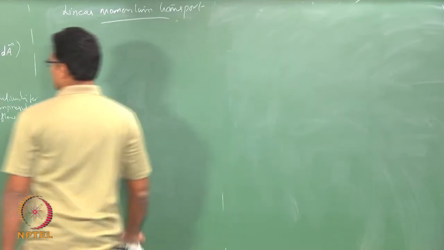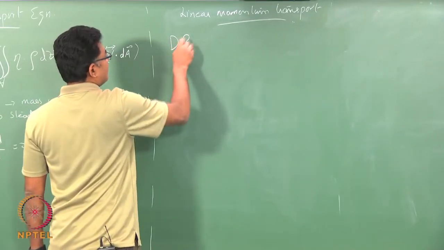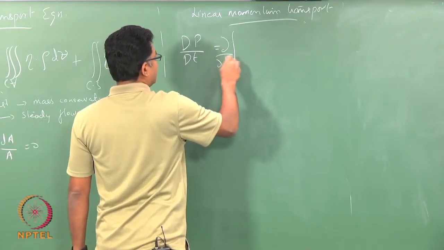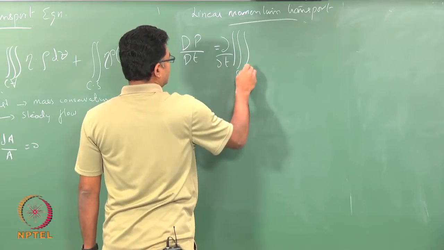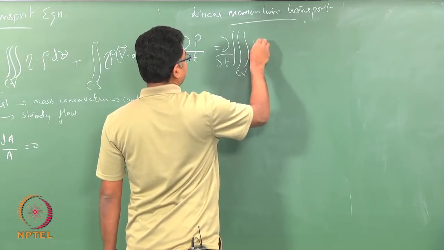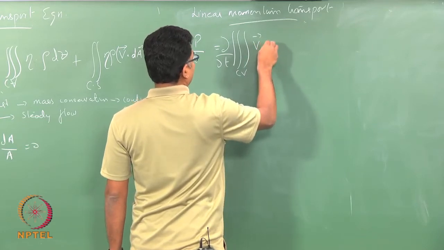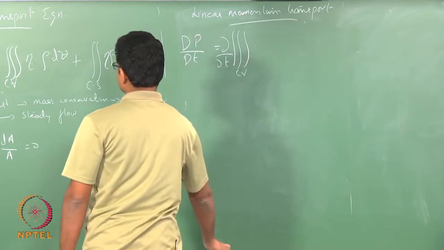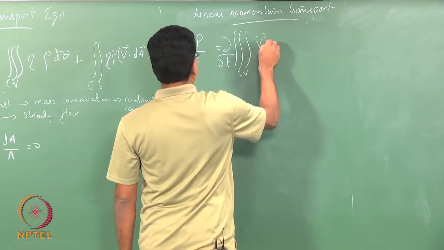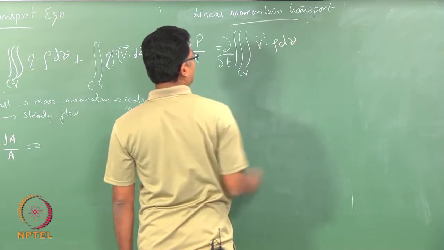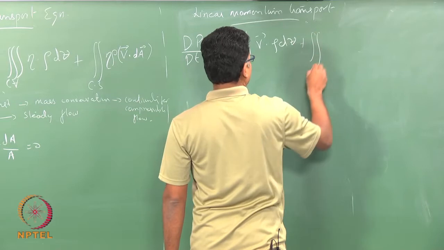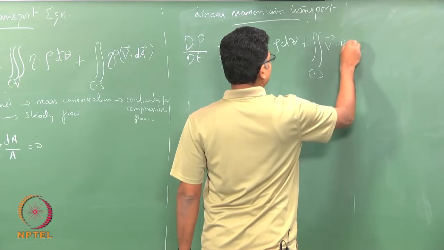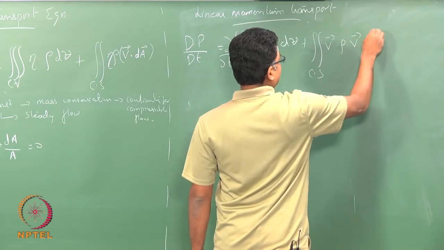So, we will write the equation that we had written a few minutes back, equals dou by dou t of the control volume integral plus surface integral eta is V bar rho V bar dA.